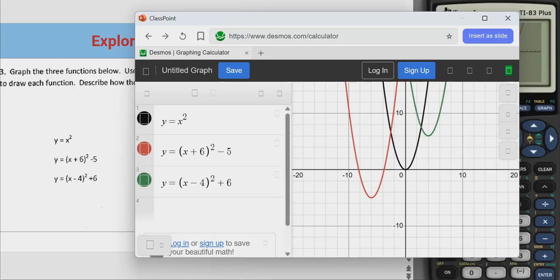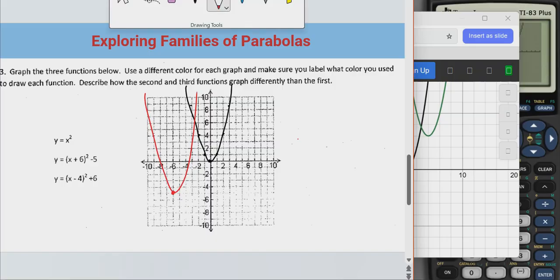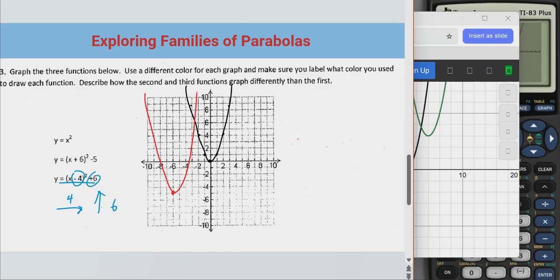Okay, so we see that our (x plus 6) squared minus 5 actually translated our graph left 6 and then down 5, right? So my vertex is now here, and then it has that parabola shape. The (x minus 4) squared, this x minus 4 right here is going to translate my vertex right 4, and then up 6, from right here. So my vertex is now going to be here.